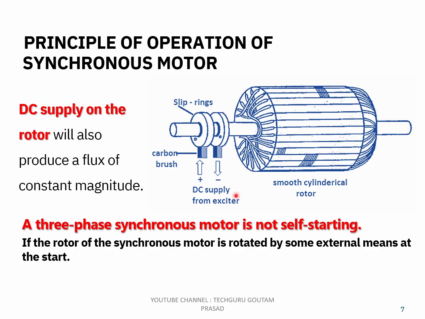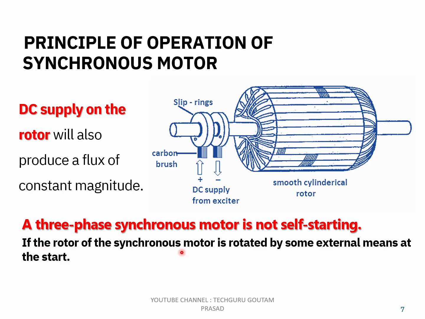So the rotor has been shown in this picture, and these two slip rings help us in feeding DC to the rotor winding, and this DC helps in giving excitation to this rotor winding, and the DC supply on the rotor will also produce a flux of constant magnitude.